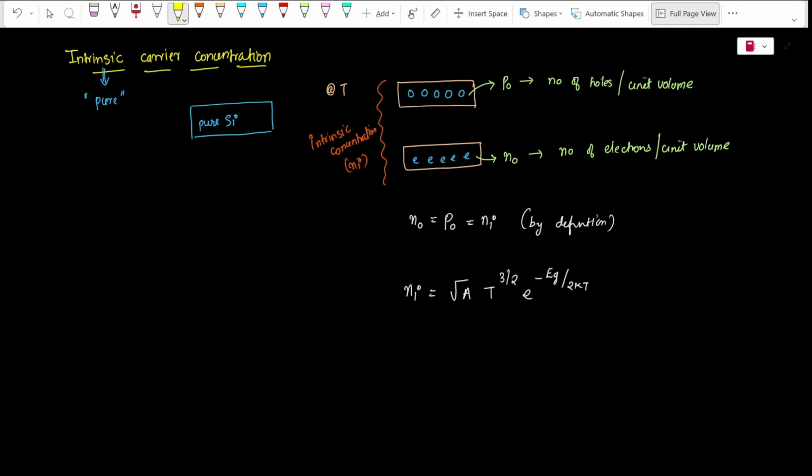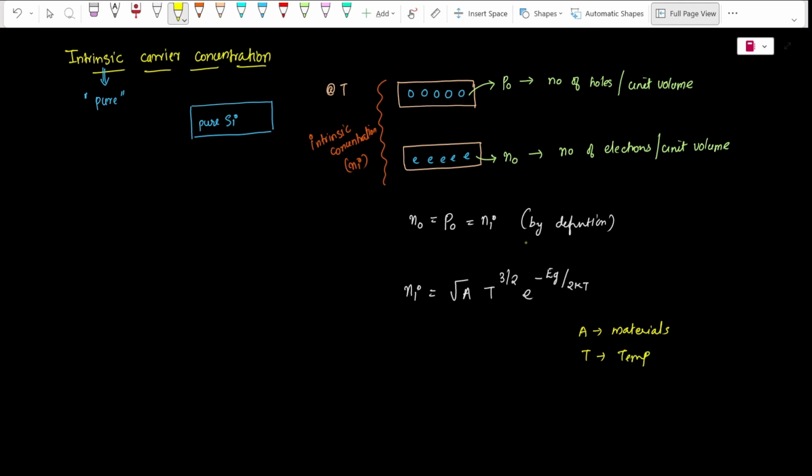Here A is my material constant, it depends upon the material, right? So the number of holes and number of electrons definitely depends upon the material. Here I have taken silicon. If I take some other semiconductor like germanium, it will be different. Now the next is T, which is temperature.